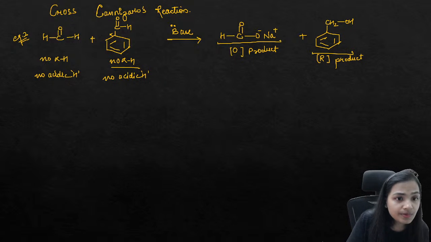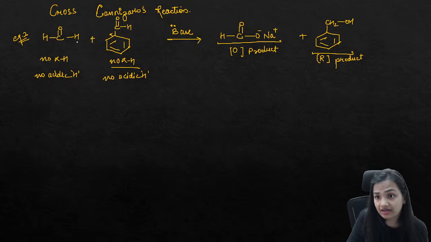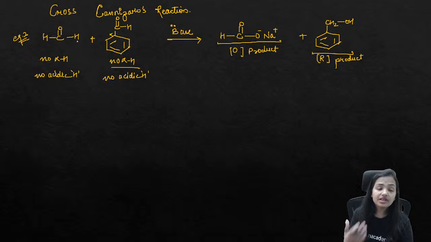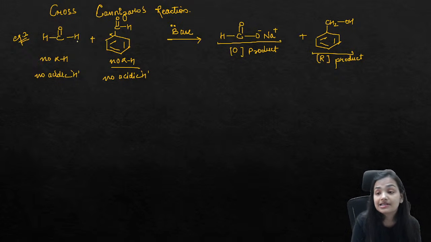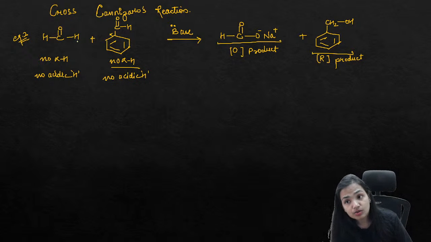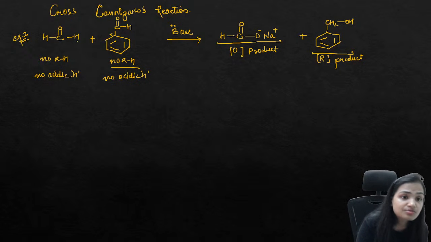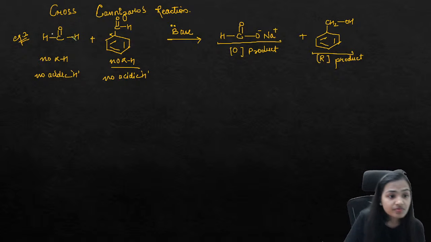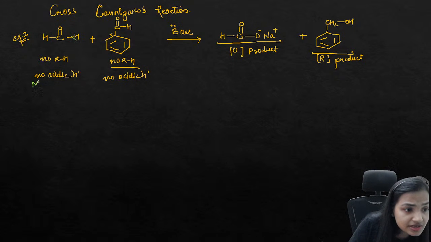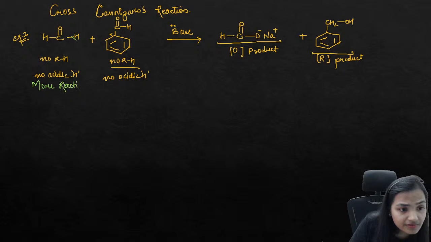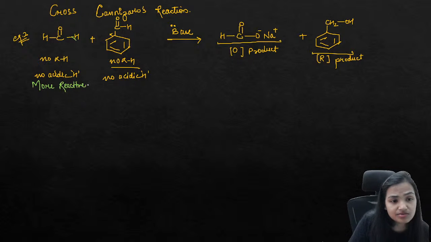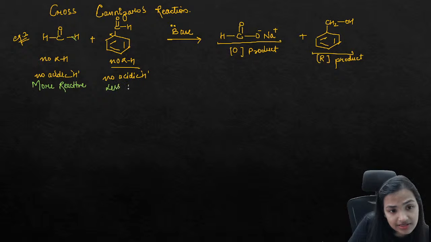So let me tell you, the one which is more reactive, if we do nucleophilic addition or nucleophilic substitution reactions, always aldehydes are more reactive than ketones, and formaldehyde is more reactive than benzaldehyde. So this is more reactive and this is less reactive. I will tell you in the mechanism how it is more reactive.